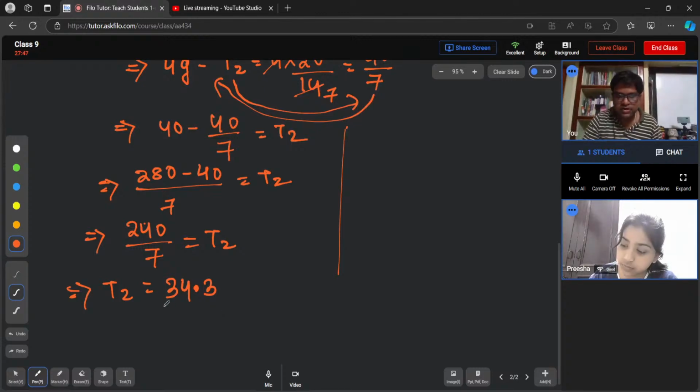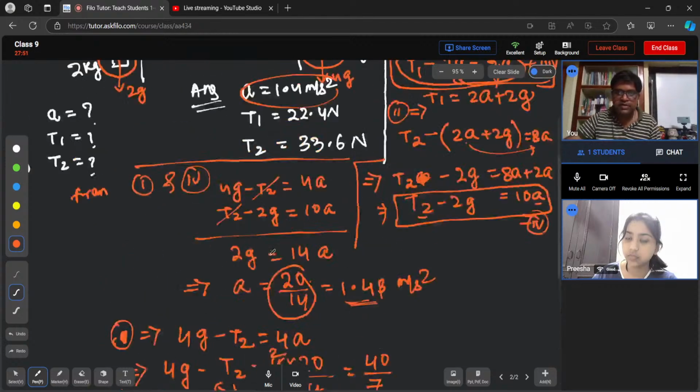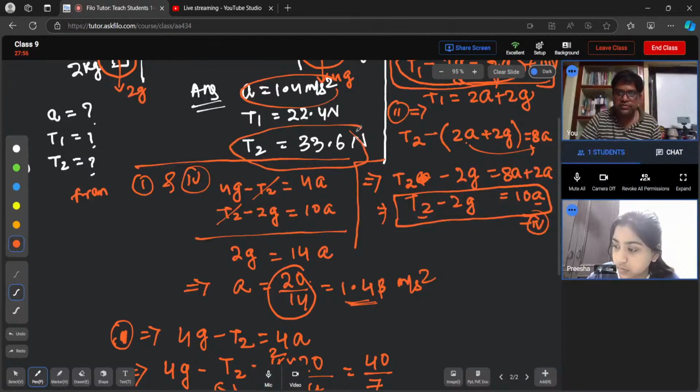So we will approximately get 34.3 Newton. The answer we have written is 33.6. So basically they have used 9.8, we have used 10. So a little bit of variation will be there, no problem for that.